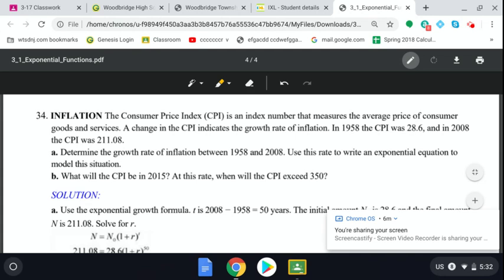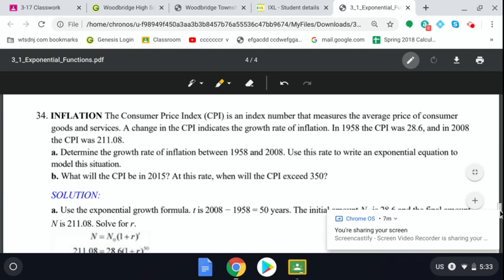In 1958, the CPI was 28.6, and 2008 was 211.08. Determine the growth rate. So you're going to use those years, and you're going to use that to write an exponential equation to model the situation. And then you have to predict what the CPI will be in 2015, and if it would exceed 350.